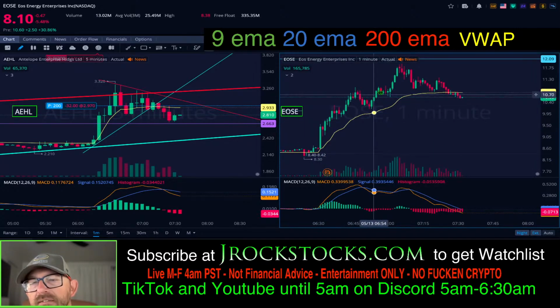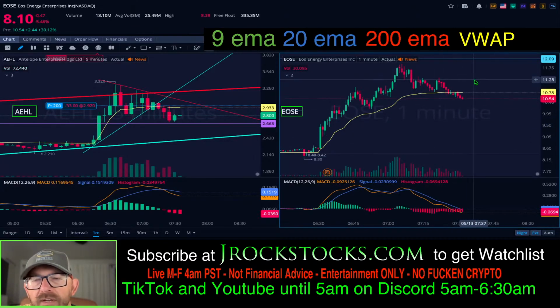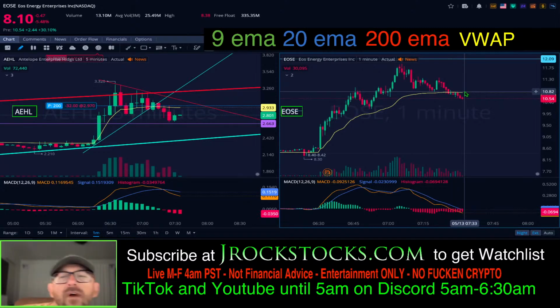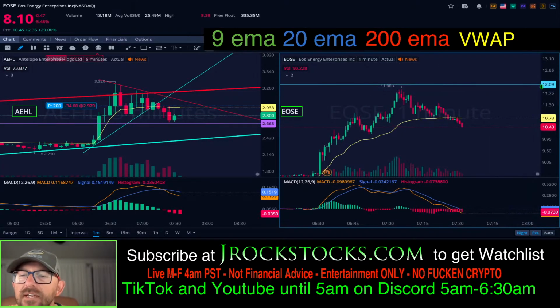Yep, that is a solid pattern. So what you're looking for now, okay, it cleared over that. Now you're going to wait until it finds some support. You're going to wait for that MACD to start trying to flip. What you're waiting for is a VWAP reclaim, and maybe, just maybe, once it reclaims VWAP, it'll take another run to that 12.12.